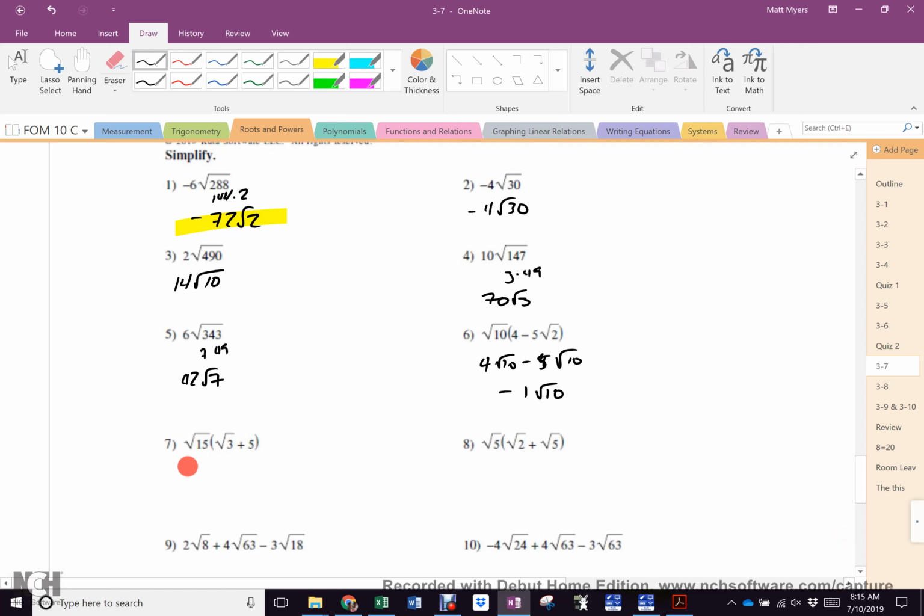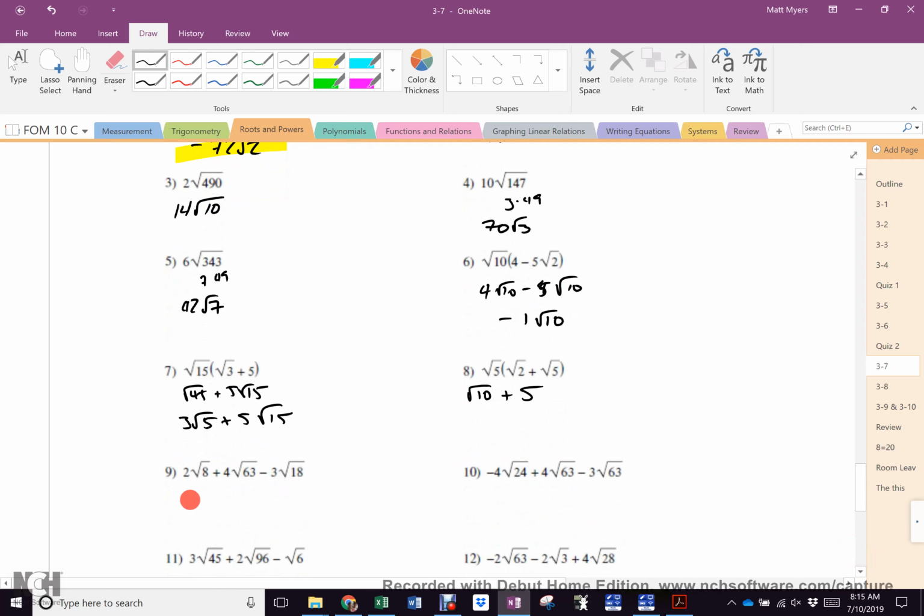That is root 45 plus 5 root 15, which is 3 root 5 plus 5 root 15. That is root 10 plus 5. That is 4 times 2, so that is 4 root 2 plus 3 comes out is 12 root 7 minus, and that is 9 times 2, so it comes out 3 minus 9 root 2, so that is 12 root 7 minus 5 root 2.